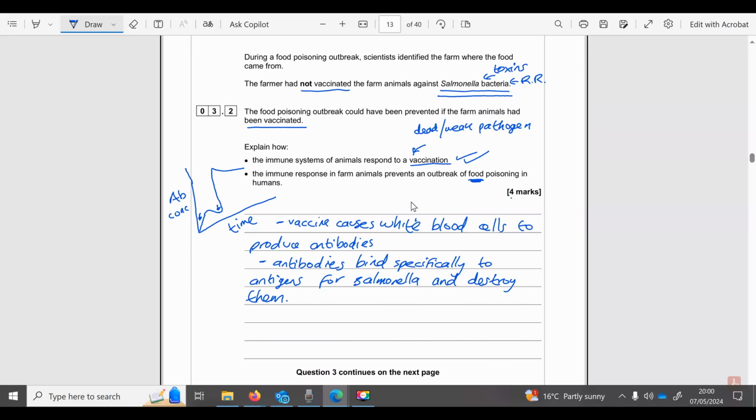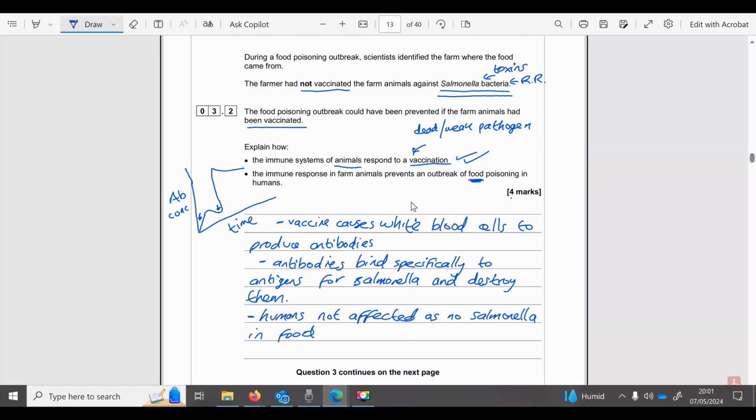So, what does that mean for humans now? When the humans eat, the food should not contain any pathogen, any Salmonella, because they've been destroyed. So, we should just say then, humans not affected, as no pathogens, especially Salmonella here, are on the food. Okay?